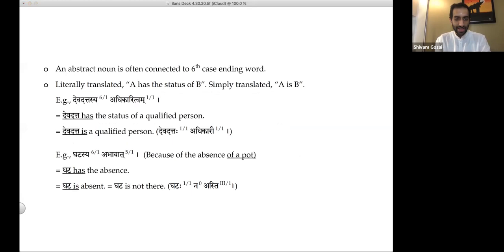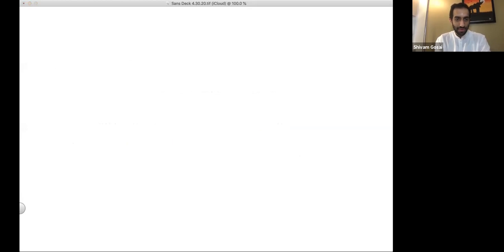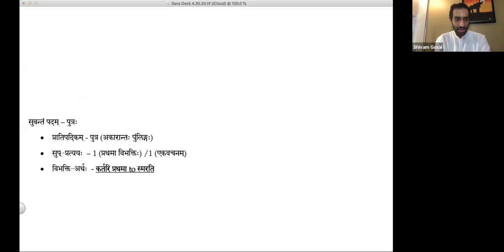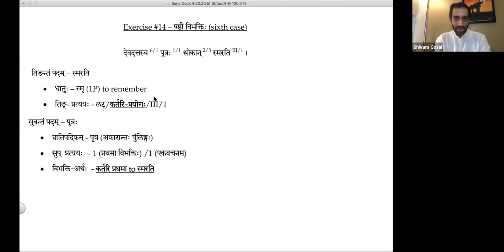So when you're doing an example, I know we don't have time, we're out of time, but if you look at this example in the back of the book, Devadattasya putra shlokan smarati.